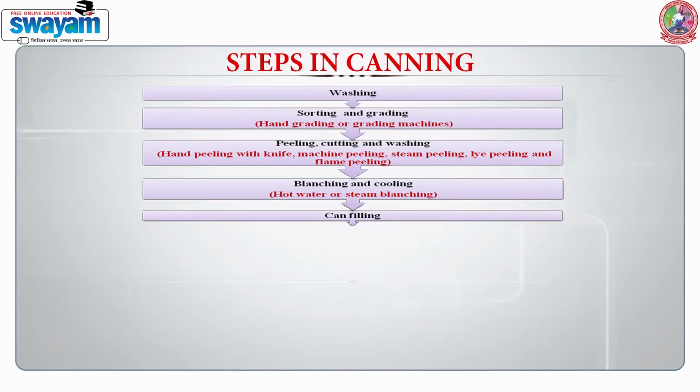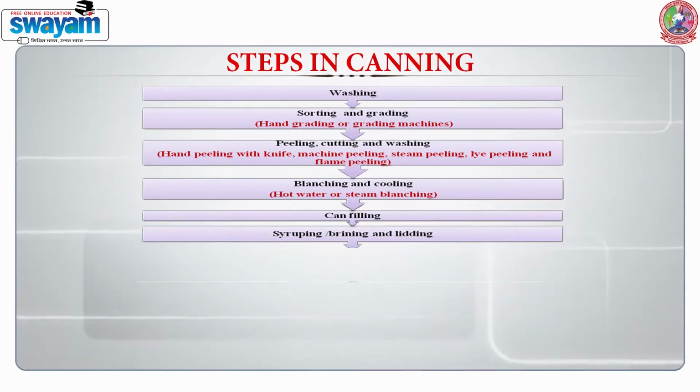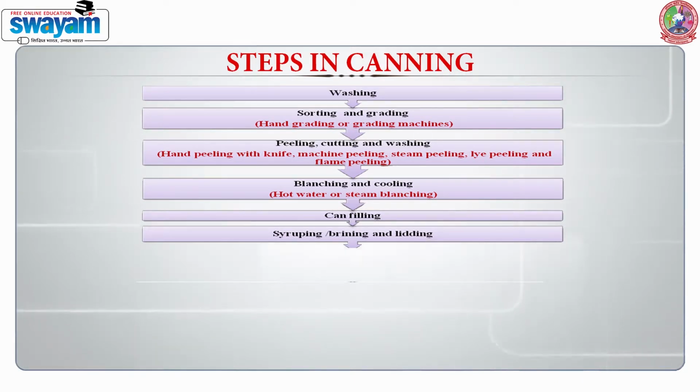After filling in the cans, the material is immersed in a syrup or brine, and then the can is closed by putting the lids on.